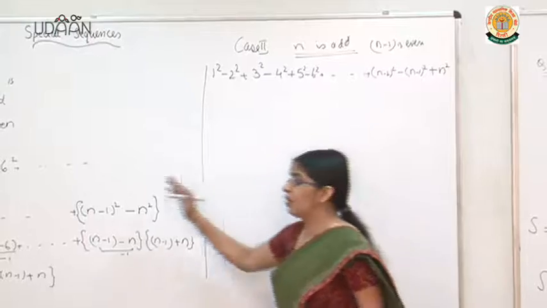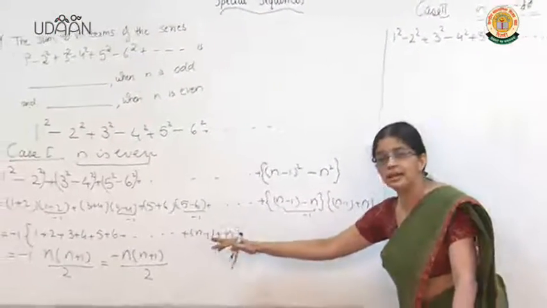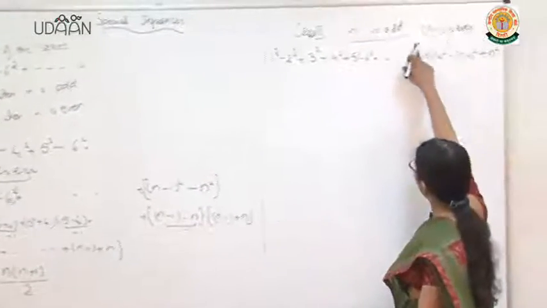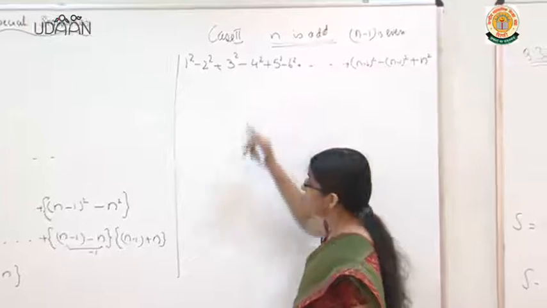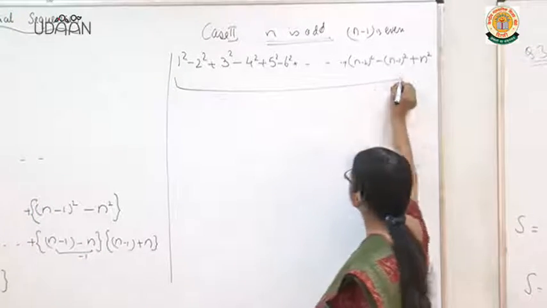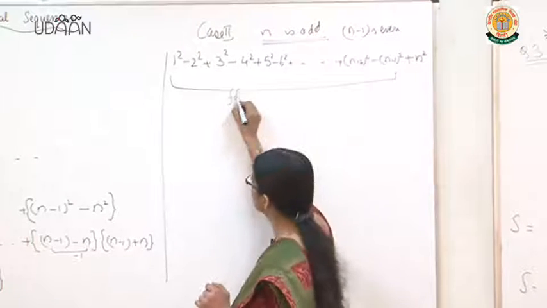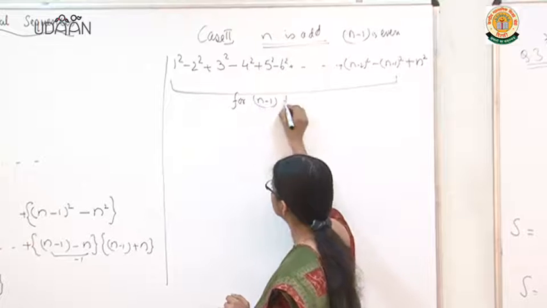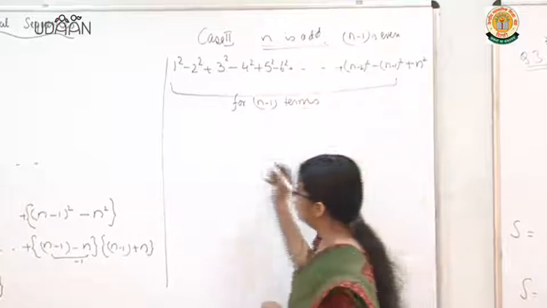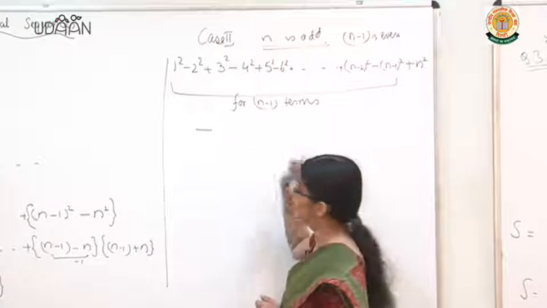If n is even, we already got the result: the sum is given by minus n into n plus 1 divided by 2. Here n is odd, n minus 1 is even, so we can apply the result for n minus 1. Collecting these many terms, I am going to apply the result we proved earlier for n minus 1 terms. Reason? n odd, n minus 1 even, putting the value with the minus sign. The result is n into n plus 1 divided by 2, with n replaced by n minus 1.